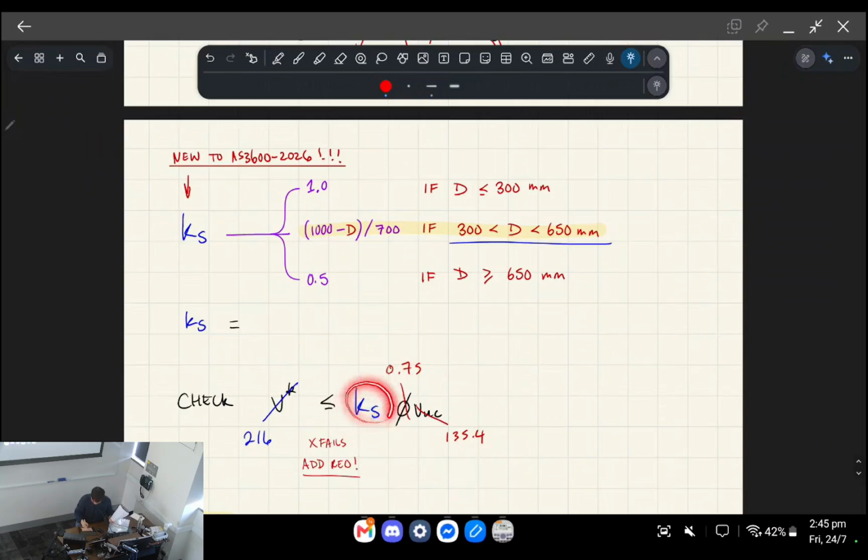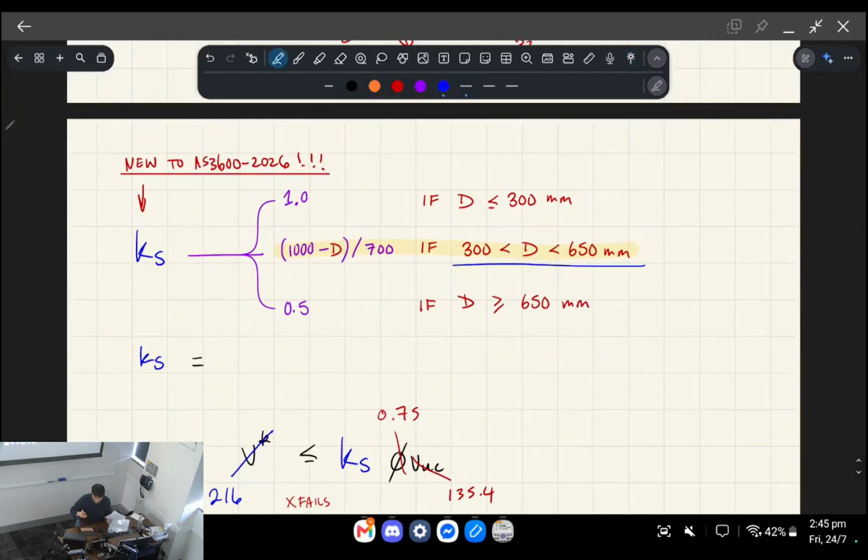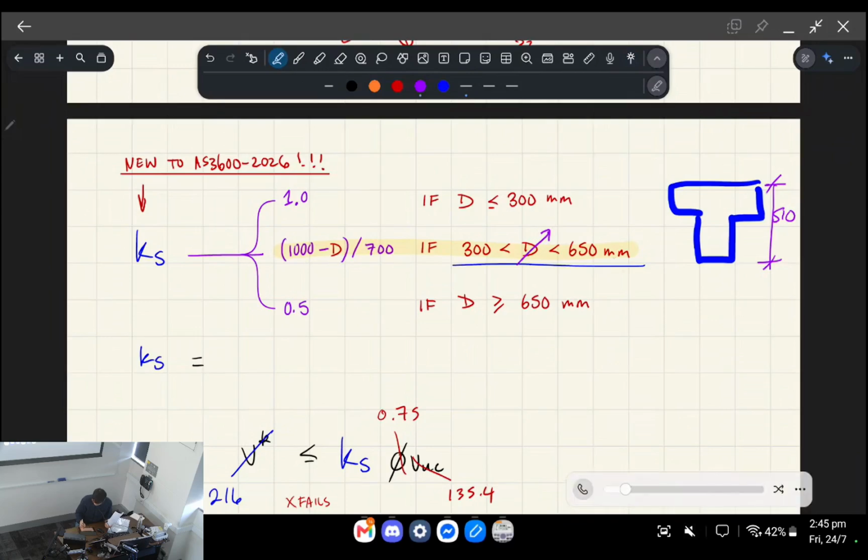So what we need to do now is figure out this thing, KS, all right? KS is a function of the depth of your beam, okay? So remember our beam looked like this, right? It's a T-beam, and the overall depth was 510, right? 510 sits between 300 and 650, and so therefore we refer to this middle row when reading off of this formula, okay?